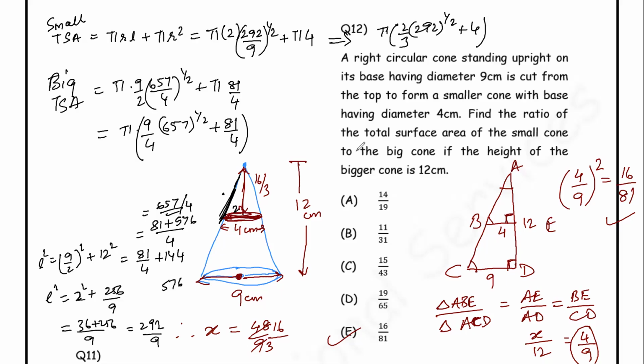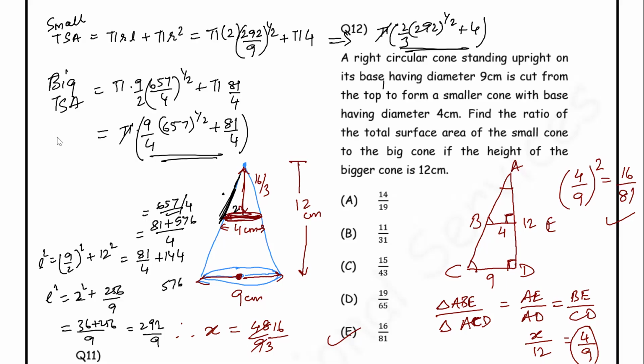Okay. So pi and pi cancels. So then ultimately I have this upon this. Right. Very complicated calculation part, but we'll solve it anyway. So let's do the math on it.